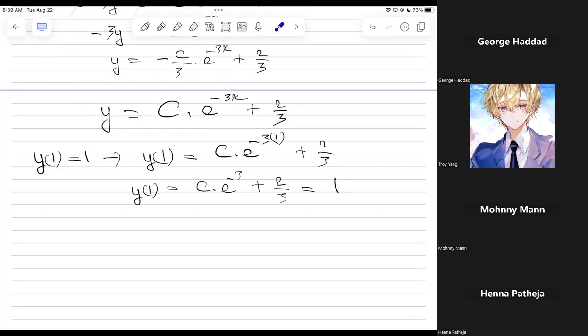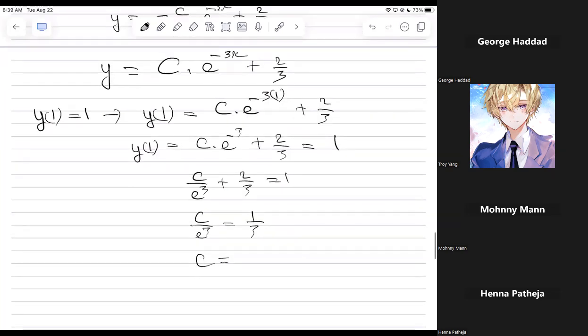So c e to the power -3 plus 2/3 equals 1. So c e to the power -3 is going to be equal to 1/3. So c equals 1/3 times e to the power 3.